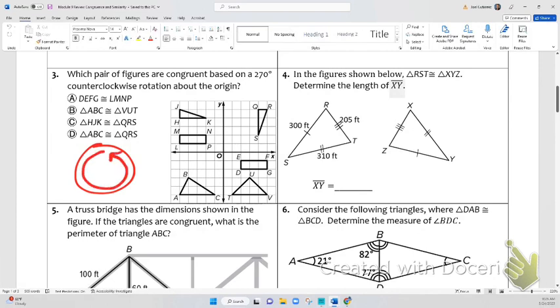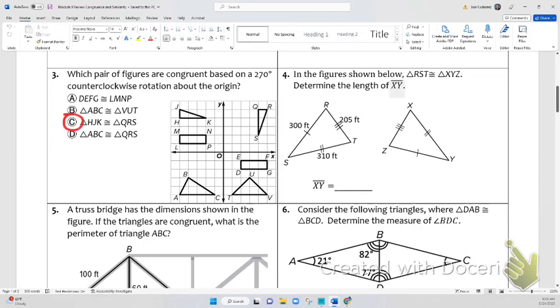The only one that works, and again, you can't really do this without patty paper, so as soon as you get your patty paper, try doing this for each one of these and see which one goes onto which other one, doing a 270 degrees clockwise. And your only answer that you can get for this one is the letter C.